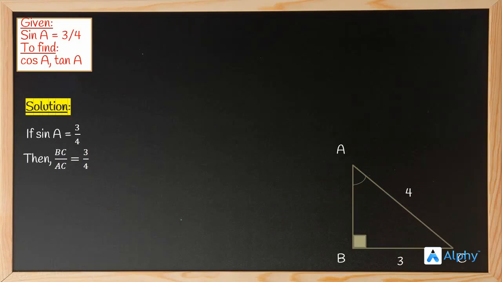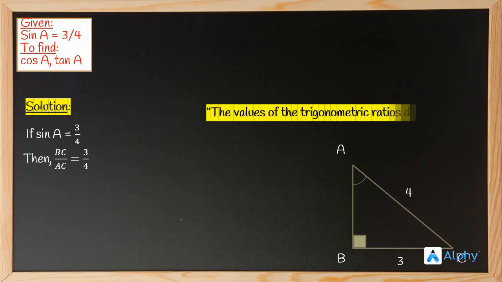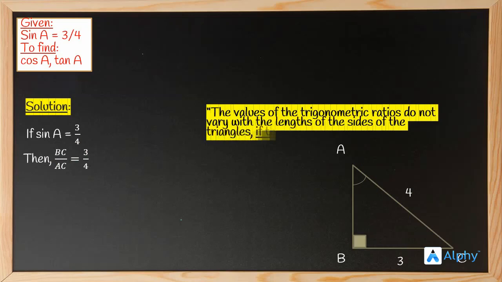We've learned this reason in our previous classes, as the values of the trigonometric ratios do not vary with the length of the sides of the triangle if the angle of the triangle remains the same. Alright guys, so let's continue with our question. Now we've assumed that BC and AC are in 3:4 ratio.